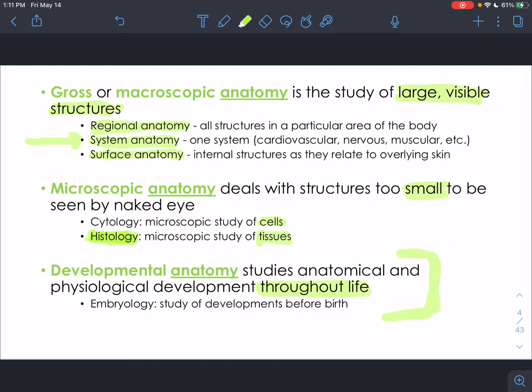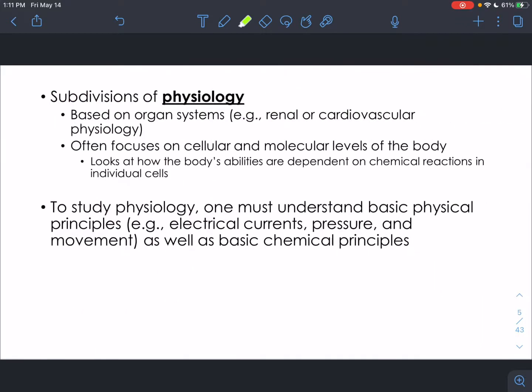There are specific embryology classes, there's specific physiology of aging classes, because this whole section is too much information for this basic class. Okay, so we're just going to be looking at anatomy and physiology, not so much developmental.